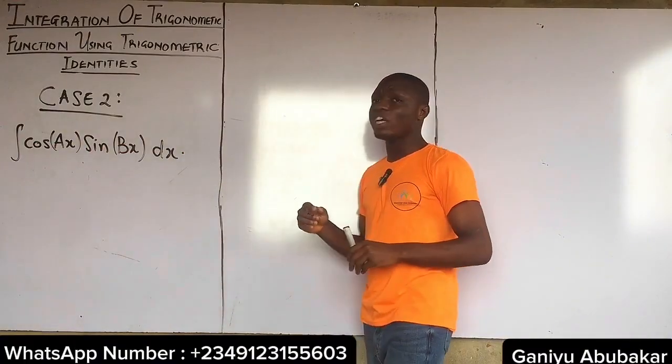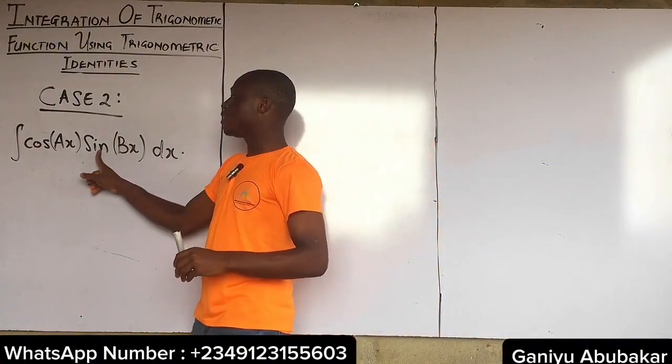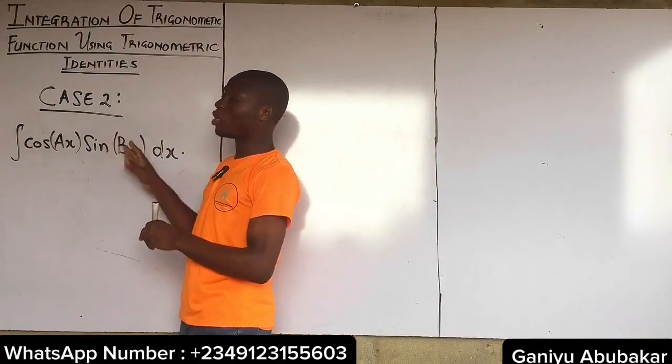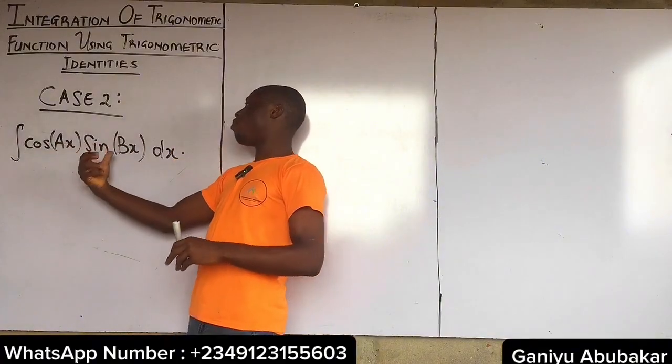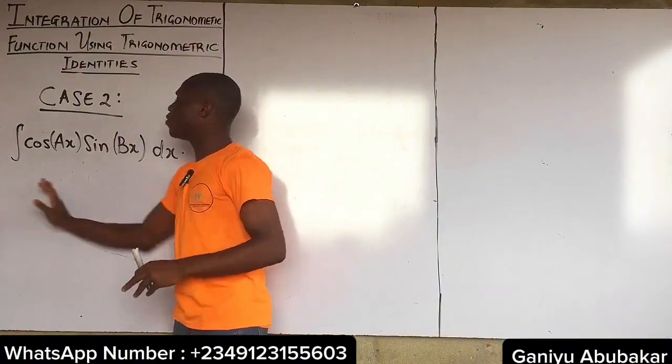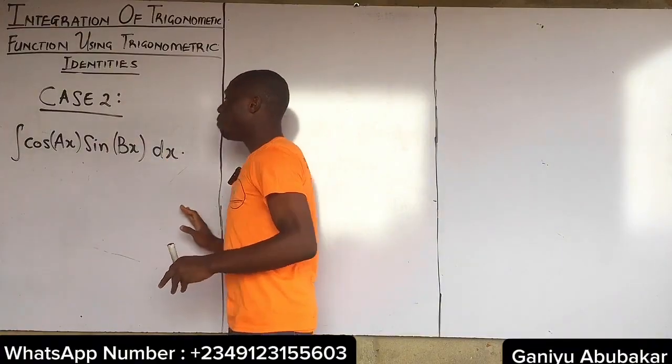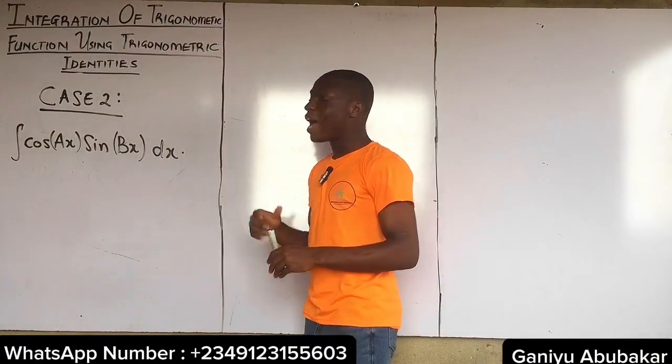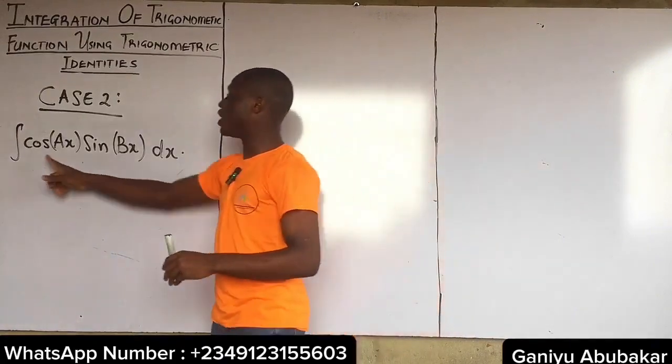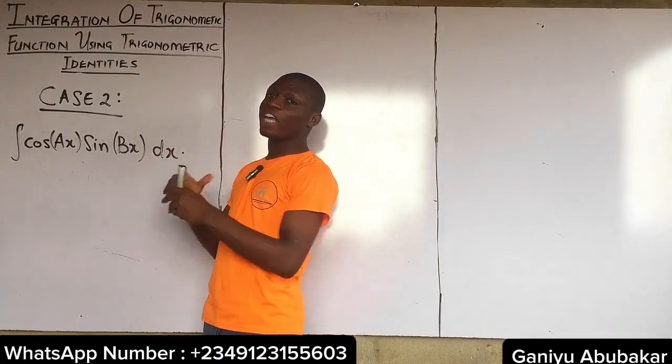For case 1, it was sine before cos, but in this case 2 now, I'm seeing cos before sine. So what will be the mathematical expression for this one? I gave it for the last class when sine was first and cos was second.